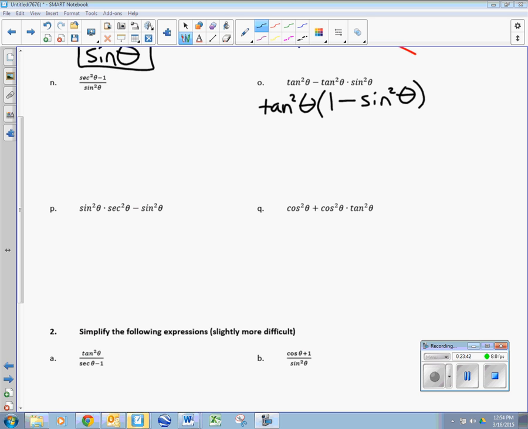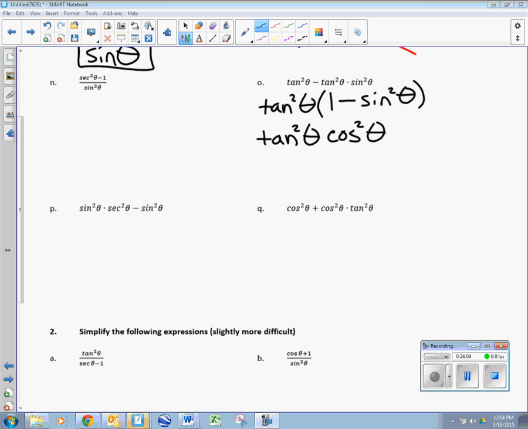All of a sudden, I see something that I might be able to substitute now. What is 1 minus sine squared? So now I have tangent squared times cosine squared. 1 minus sine squared is cosine squared.